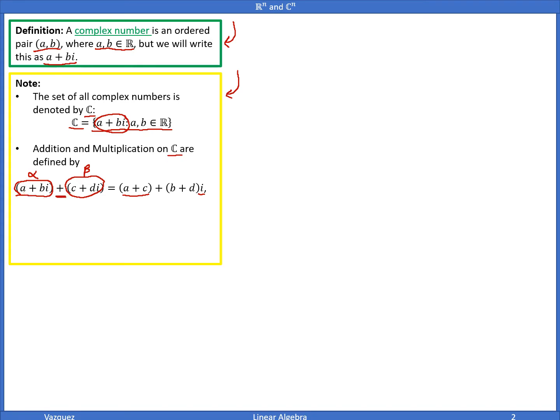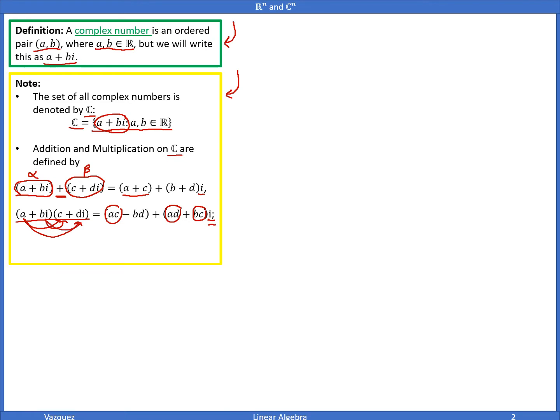I'm going to erase this so we can make more space, because we're going to define what multiplication is. And multiplication is defined like this. What we do is multiply a times c. We have it right here. a times di, you have it a times d, and then the i. bi times c, so bc, and then the i again out here.